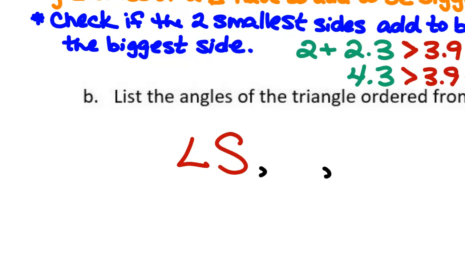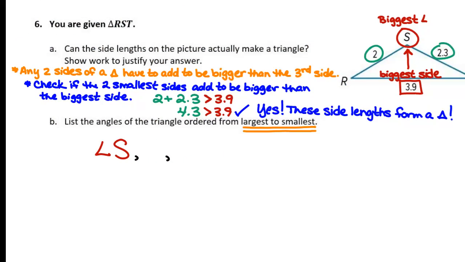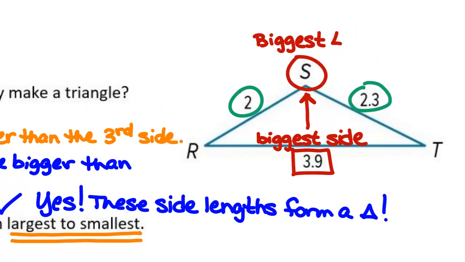I always skip the middle one on these lists and do the smallest, whichever one's going to go at the end. So I always do the biggest and the smallest. I put them in whatever order they're asking for, and whichever one's left over goes in the middle. Where would I find the smallest angle? It's T, because it is across from 2, which is my smallest side.